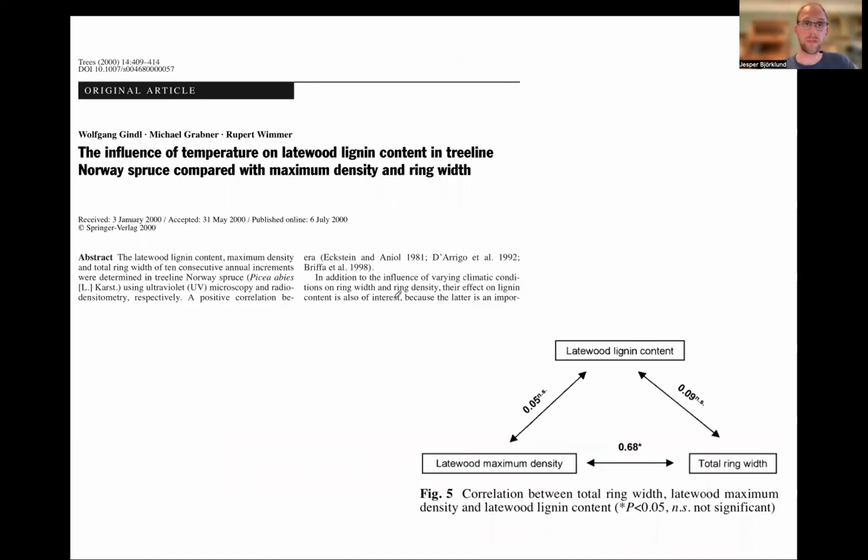However, when you measure latewood lignin content and compare this to maximum density and even ring width in Norway spruce, you can see here that the lignin content is actually uncorrelated with maximum density. So it's not a good sign if this is going to be our working hypothesis.